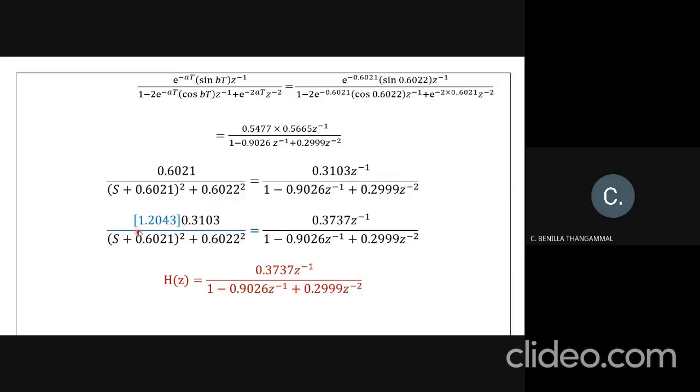We shouldn't forget to multiply this factor. Normally students will forget about this one. So if I multiply, I get my H of z as 0.3737 z inverse divided by 1 minus 0.9026 z inverse plus 0.299 z power minus 2. So now I got the digital Butterworth low pass filter for the specification.